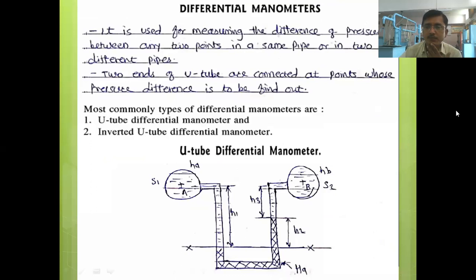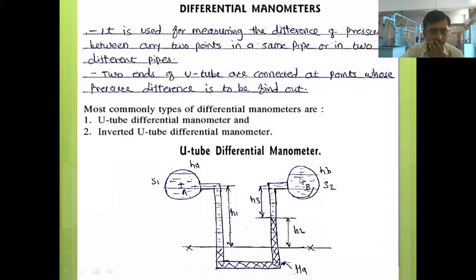Okay, you might have forgotten. See, differential manometers are used to measure the difference of pressure between 2 points in a pipe. Correct. So Ankita has given the correct answer.